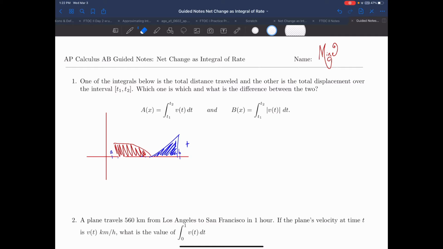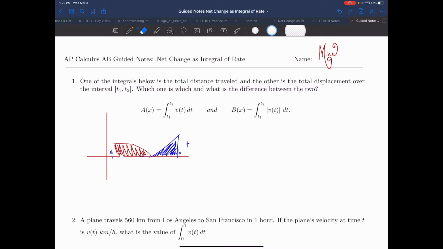So when you're talking about distance, you're talking about the accumulation of distance traveled. For instance, if I go from my house to Timberline and from Timberline to home, my displacement would be 0, but the distance traveled would be however many miles it is there and back.